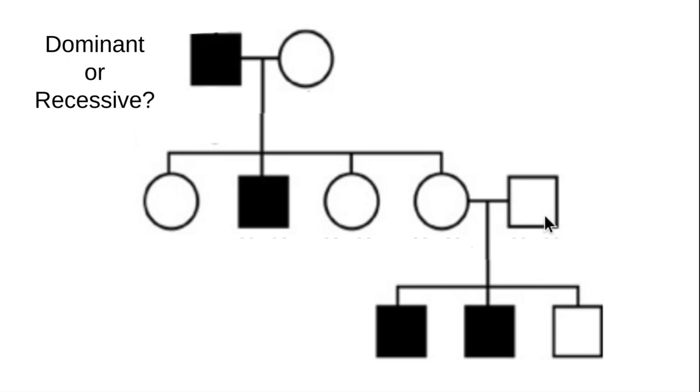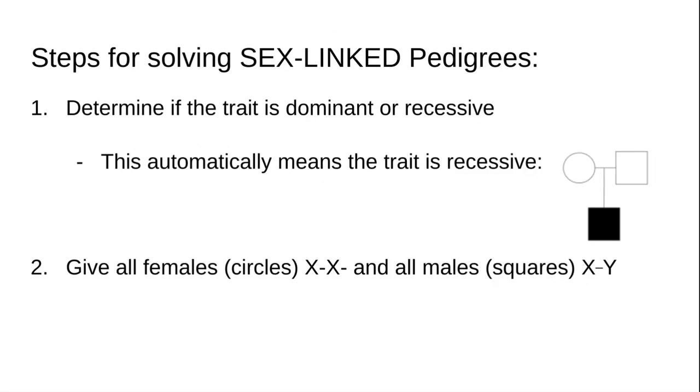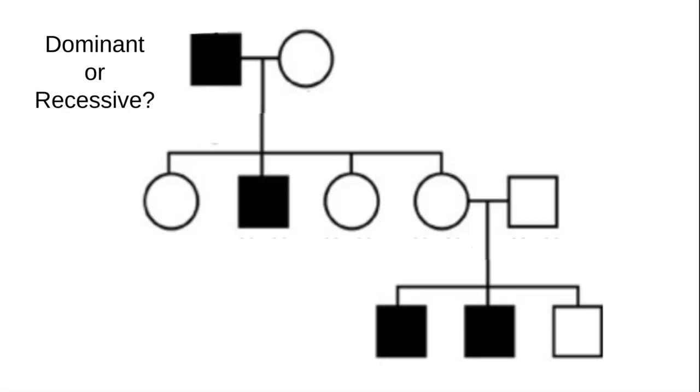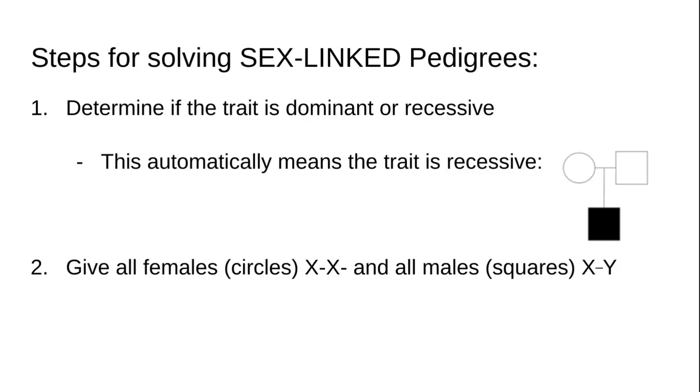Here I see 2 parents that are unaffected that have affected kids. So this would be recessive. And I'm going to give you a hint. Most of the time, when we're doing sex-linked, it's going to be recessive. So if you see a pedigree that's recessive, you'll know it's either regular recessive or sex-linked recessive. We don't have any sex-linked dominant ones.